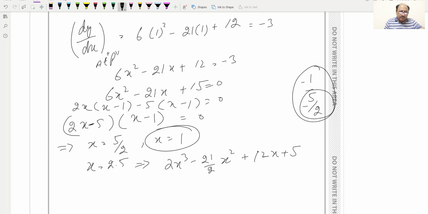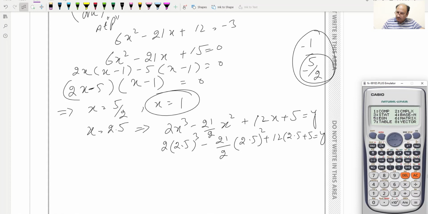So y is equal to 2 into 2.5 cubed minus 21 over 2 into 2.5 squared plus 12 into 2.5 plus 5, and we can solve this with the help of a calculator. This is equal to 5 by 8.